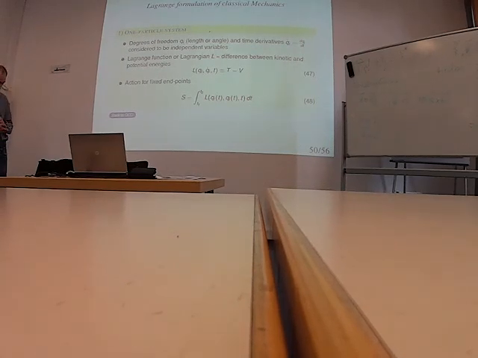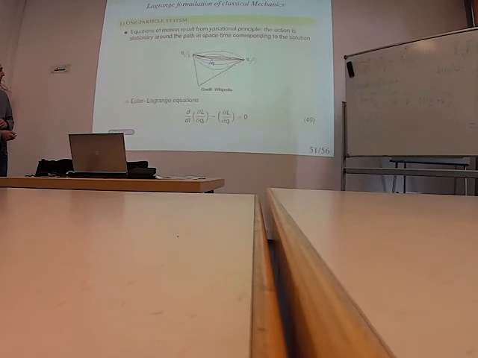So it's extremal. It's indicated here schematically. Once you have this global formulation of the equation of motion, you can apply the functional derivative to derive the local equations, which are the Lagrange equations. You have probably seen that already.